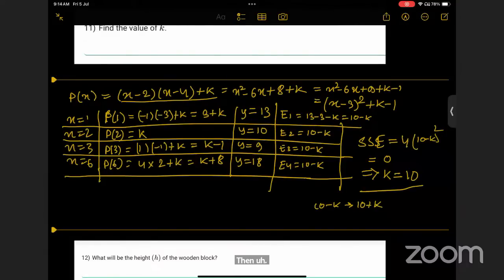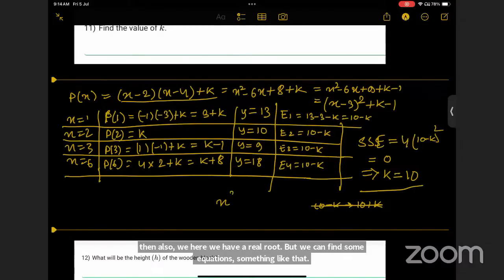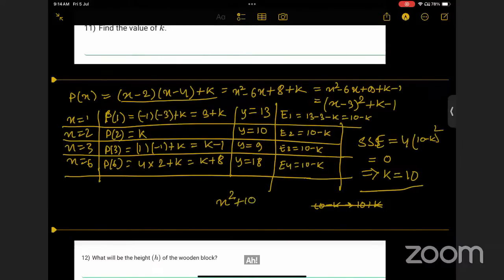Then also here we have a real root, but we can find some equation, something like that. If we have something like that, then there will be no such real roots, right? Yeah, because it's a minus.